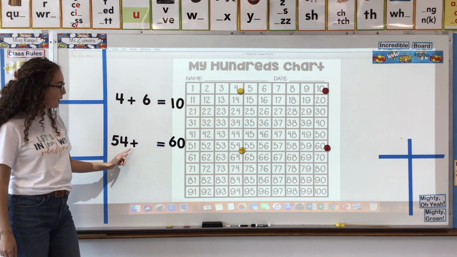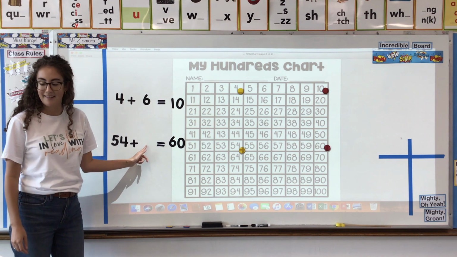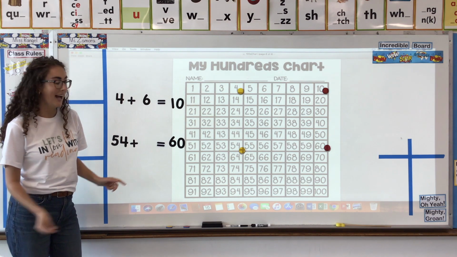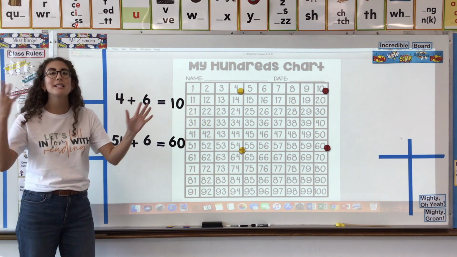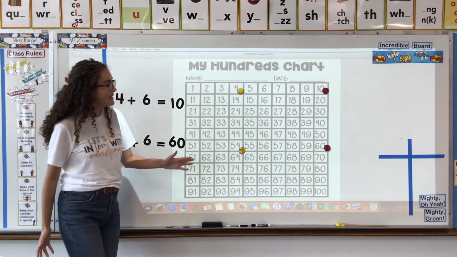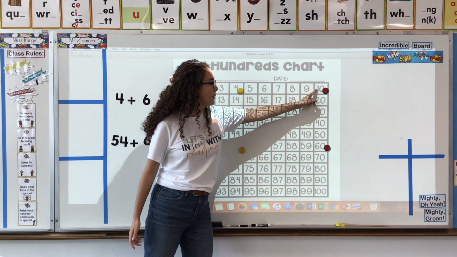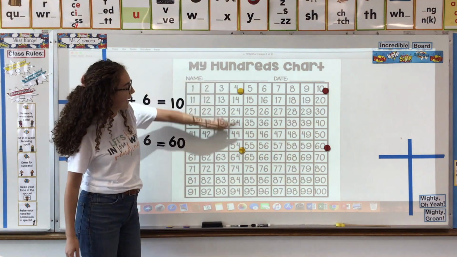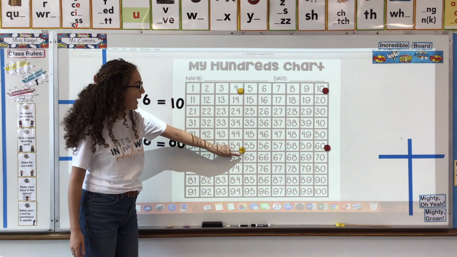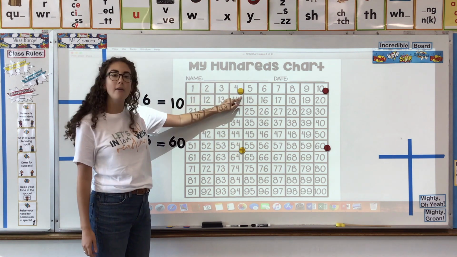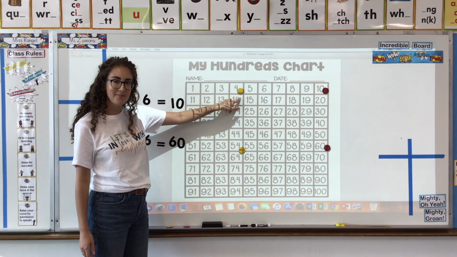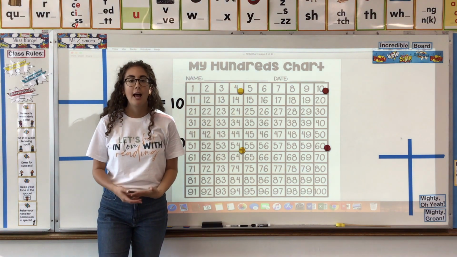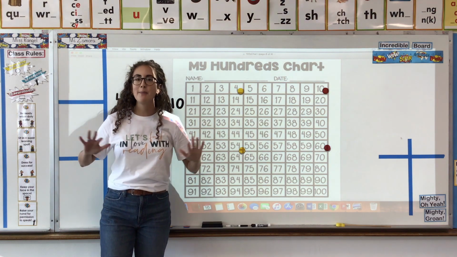So 54 plus 6 equals 60. It's the same distance between these pairs of numbers because both 4 and 54 have the same number of ones. Good job. I know this is tricky, but we're going to be working on it.